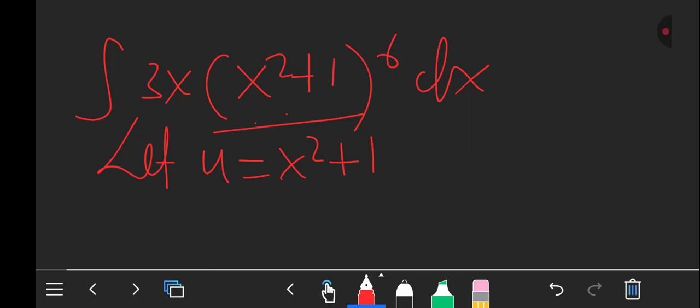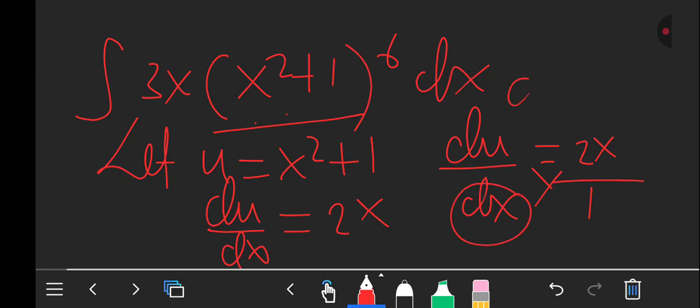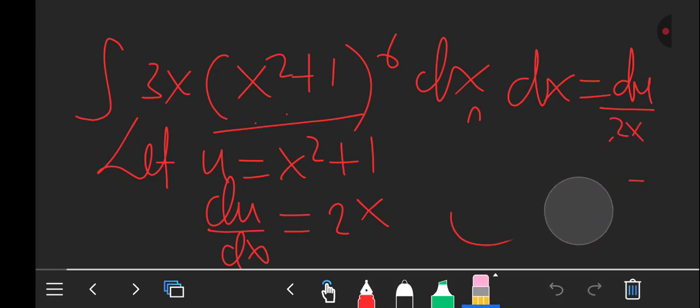Then you differentiate this u: du with respect to x, the derivative, will be just 2x. So du over dx is equal to 2x, right? The goal is to make dx the subject. So dx will be equal to du over 2x.